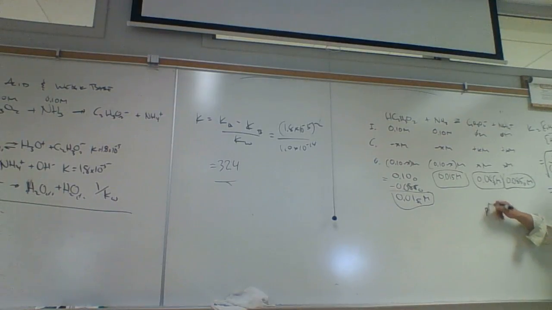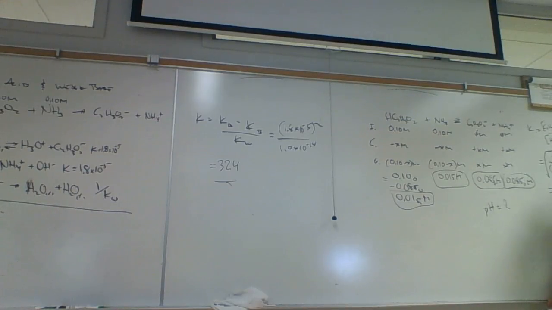And so what I want is the pH. What is the pH of this solution? How would I calculate the pH? I need the hydronium concentration at equilibrium. So what are all the hydronium ion contributors?